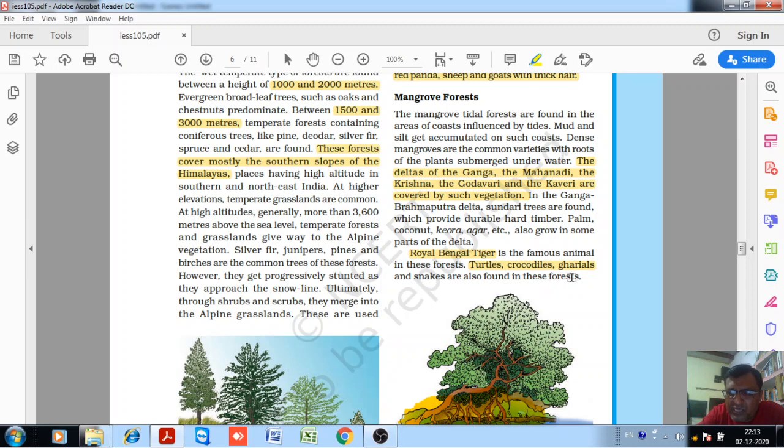You can see with the help of their face, the eyes are outside their bodies in gharials, while the eyes of the crocodiles are covered in their bodies. The nose of the gharial is very thin and long. So this is the difference between crocodiles and gharials. And snakes are also found in these forests. So these are the different types of wildlife which you can see in mangrove forests.